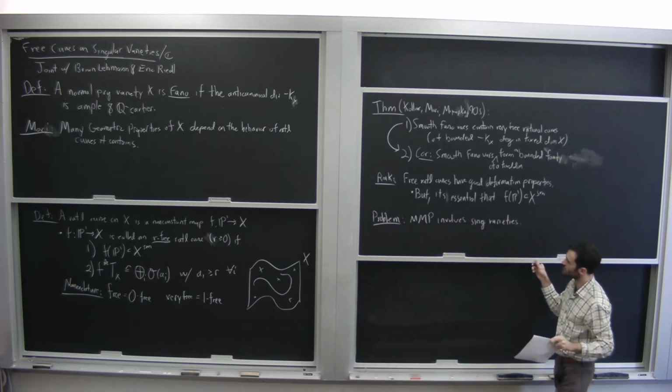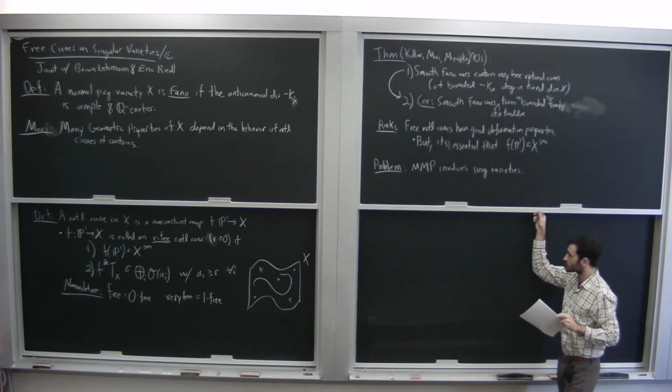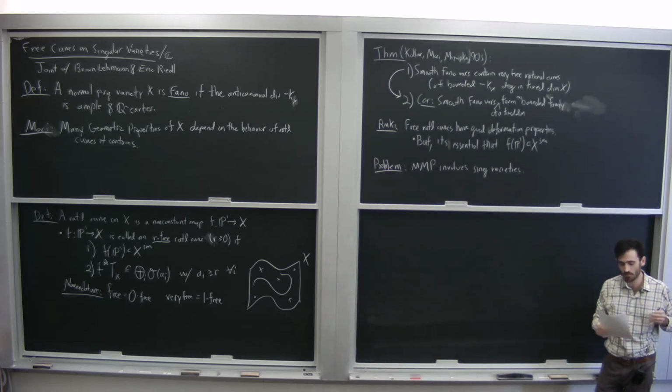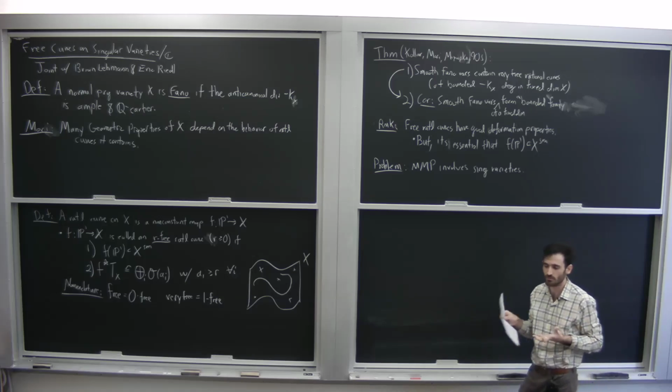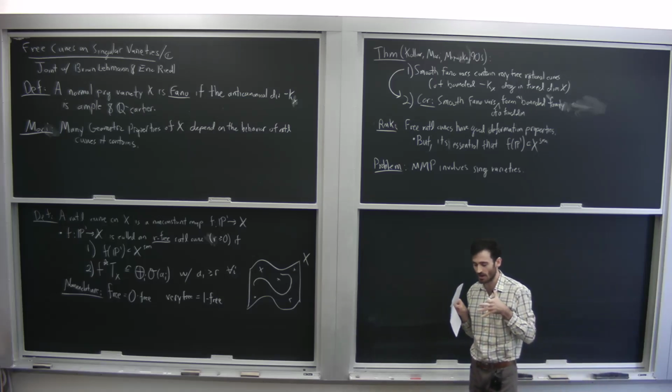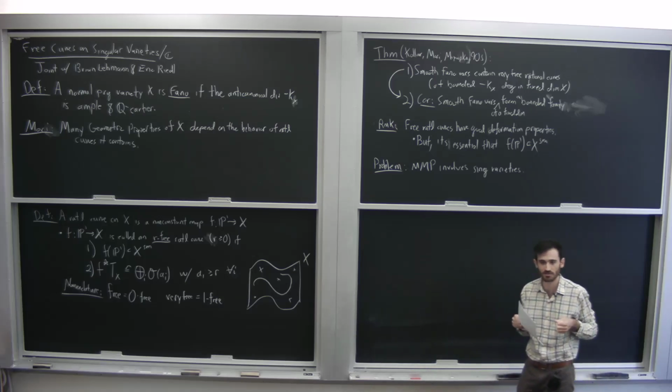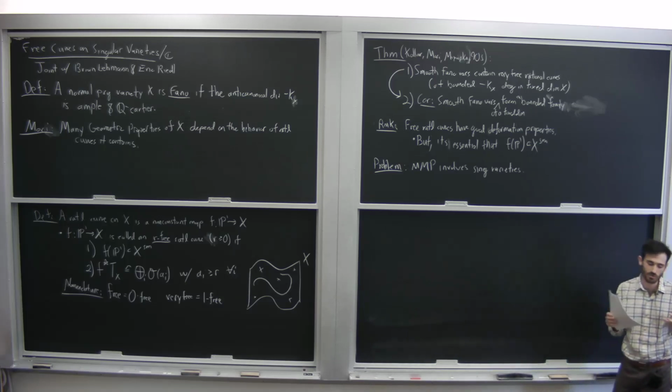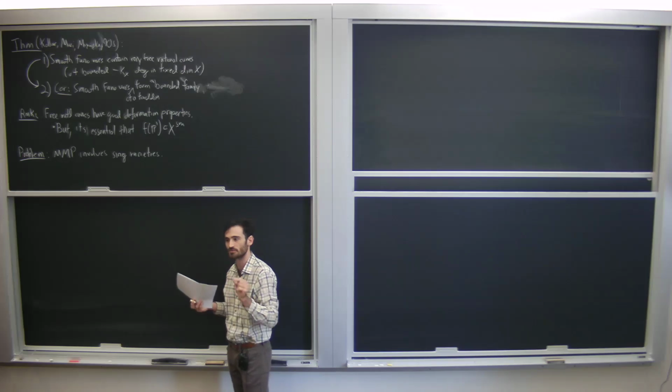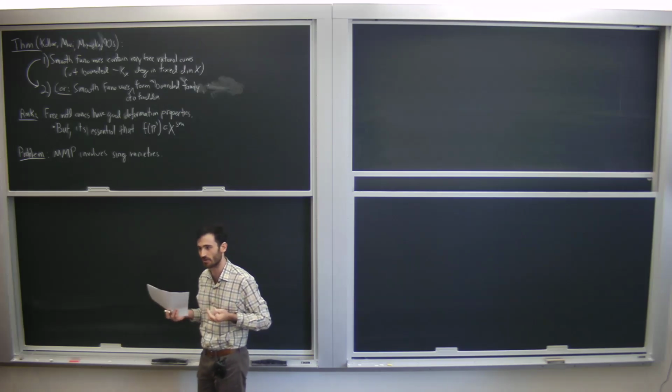So what the MMP does is it takes my variety and tries to simplify it by a sequence of birational maps into a variety that's easier to understand, right? And when we do this, if you've seen this for surfaces, you might blow down -1 curves and reduce the Picard rank of your surface.